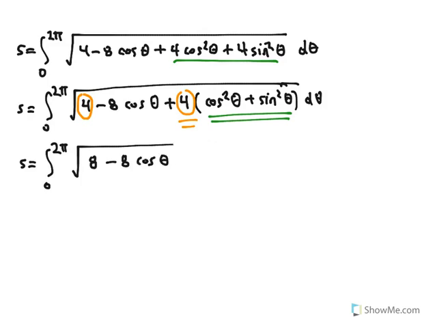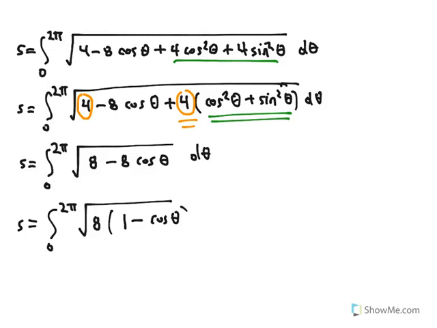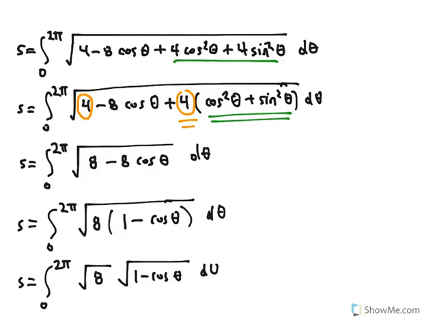So what do you do next? Well, here's one thing that you can do. You can factor out an 8 from each term in the radicand. And when you do that, you'll have 1 minus cosine theta as a factor in the radicand, and the other factor would be 8. And what can you do here? You can use a property of nth roots and write this as the square root of 8 times the square root of 1 minus cosine theta.